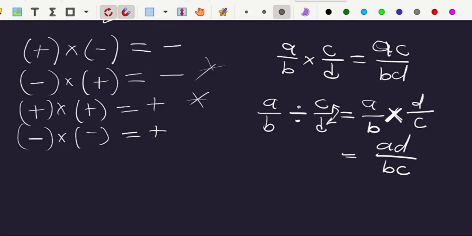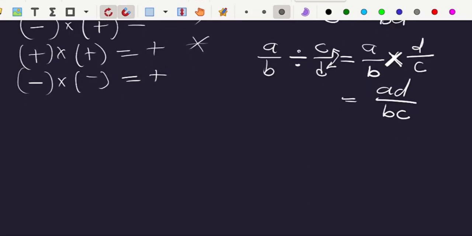Now let's go to an example of multiplication using the distributive law. The distributive law is used where there are brackets with terms inside that need to be expanded.